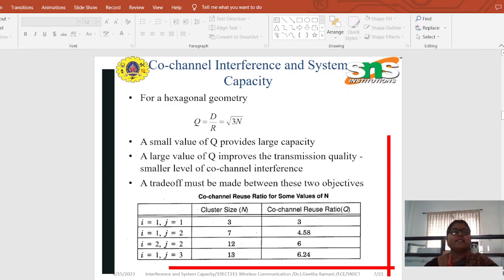For this case, your co-channel reuse ratio Q is 3. For the second case, where i is kept at 1 and j is increased to 2, your cluster size is 7, that is, you have 7 cells. Your co-channel reuse ratio Q is calculated as 4.58. Likewise, you can have a number of values based on your design.